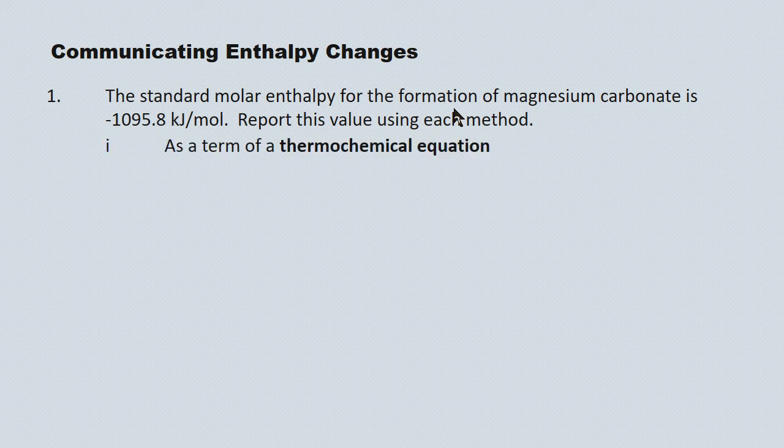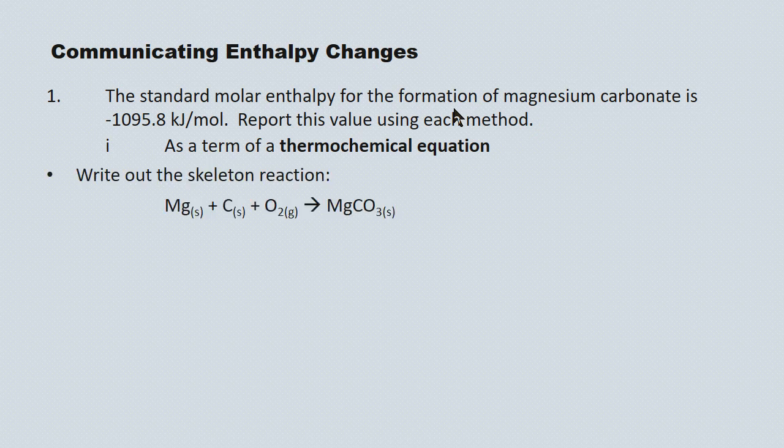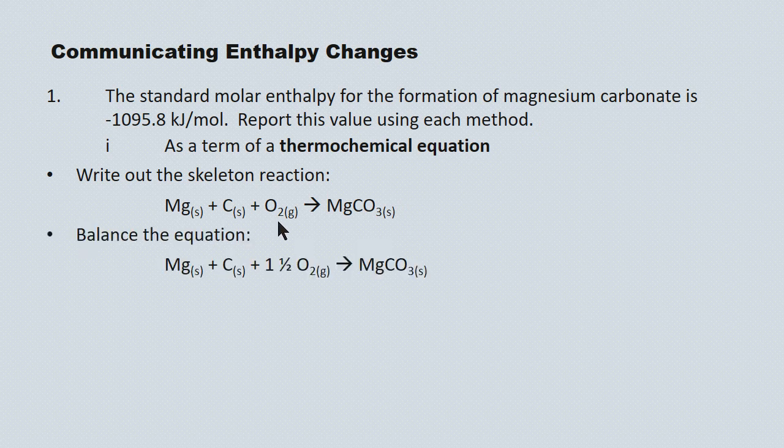So our first step in reporting this using a thermochemical equation is to come up with a chemical equation. We do so by starting with the skeletal reaction, and we see that here. We see our formation of 1 mole of magnesium carbonate from its elements in their standard state: solid magnesium, solid carbon, and O2 gas. We then balance the chemistry, and that requires us to use a fractional coefficient for the oxygen, and hopefully we're comfortable with that.